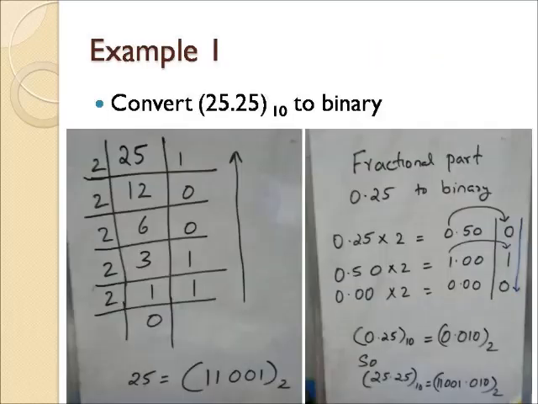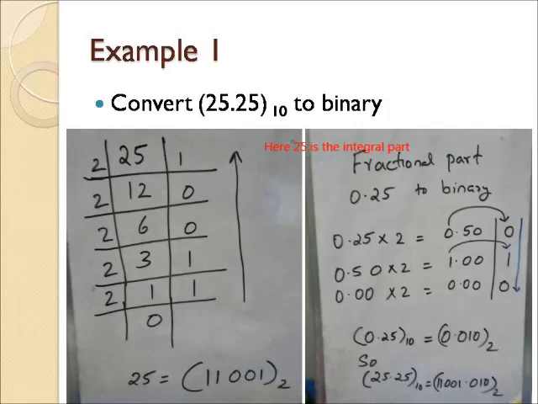Let's see our first example. It is given that 25.25 to the base 10, that means 25.25 is a decimal number. We want to convert that decimal number into binary.